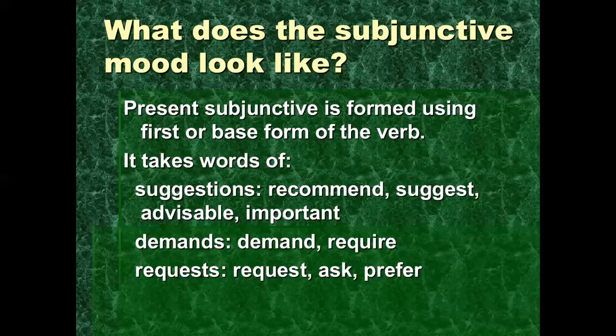Now this means if we want to identify whether a particular sentence is in the subjunctive mood or not, we got to look for the words of suggestions, the words of demands, the words of requests.